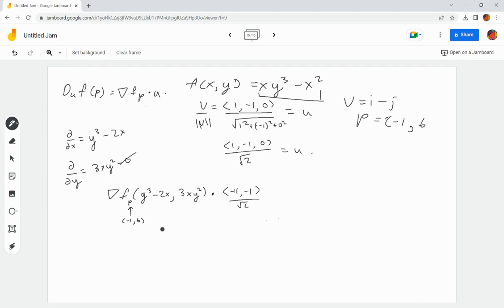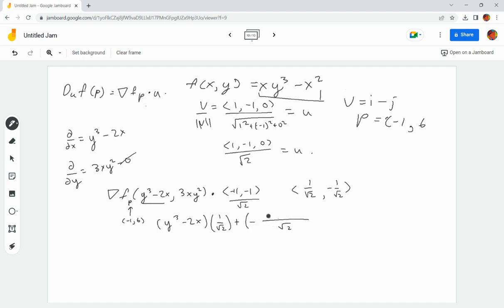Yes, I can go one more step, which is basically doing a dot product of this. We can do 1 over square root of 2, -1 over square root of 2, because that is the actual vector, and then just doing that. So (y squared minus 2x) times 1 over square root of 2, or alternatively you have to do plus minus, so I can have a second chance to do it.